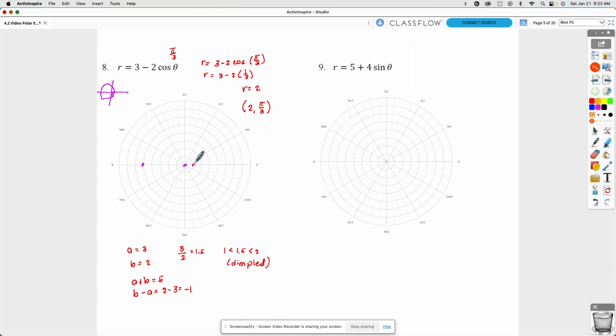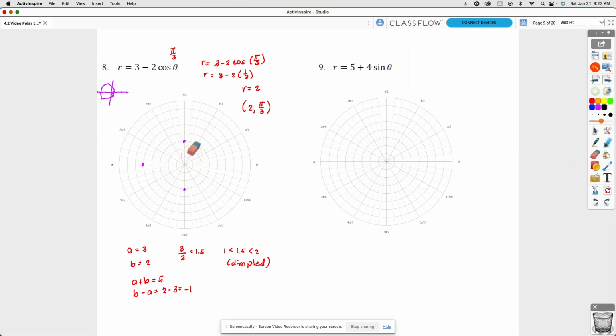So this one is your B minus A. And then your intercepts are at A, which is 3. So 1, 2, 3, 3 up. 1, 2, 3, 3 down. And then we have another point here when theta is pi over 3. Pi over 3 is right here. Your r is equal to 2. 2 would be right here. Oh, we don't have the point 0, 0. I'm messing up.